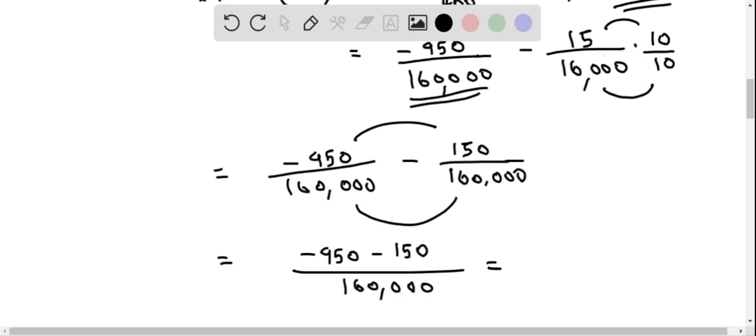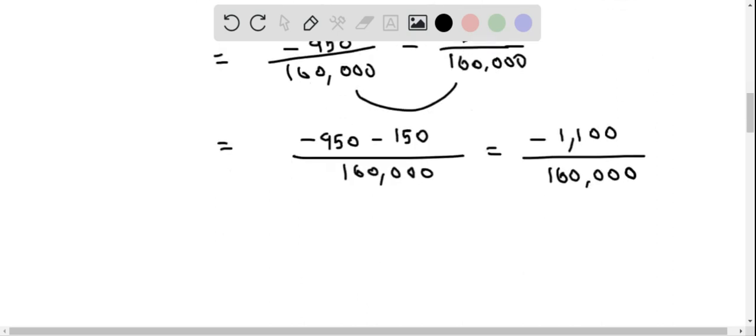And this equals, we add these two numbers and put a negative sign, so it is negative 1100 over 160,000.